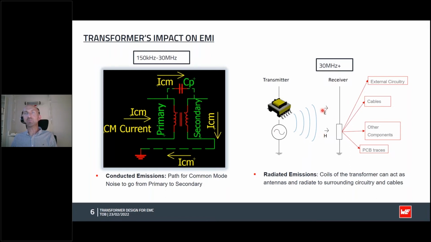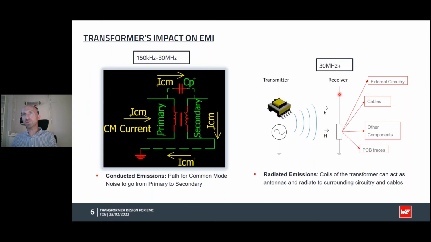The E field is primarily related to high voltage, or high dV/dt changes in voltage, which we get when we turn the switch on and off. And then the H field is related to high dI/dt, or changes in the current.